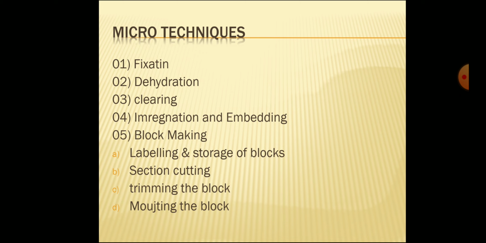The microanatomical fixatives are present in the form of 10% formal saline, 10% neutral buffered formalin, zinc solution, and Bouin's fluid. The main objective of fixatives is to immobilize and maintain the morphological identity of the tissues.